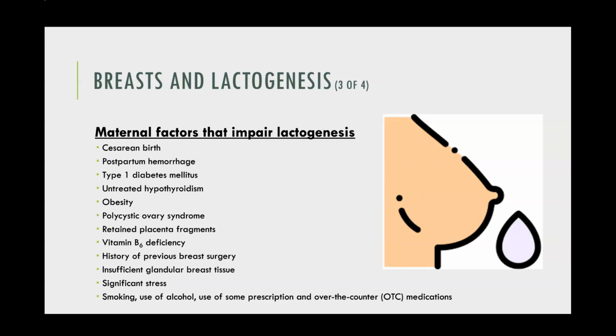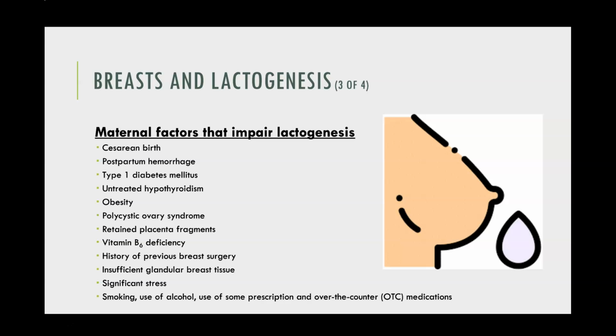So it doesn't have to do with the size of the breast, but the glands and the ducts themselves. Moms who are under a significant amount of stress will also have problems with making milk and keeping their supply up. And also moms who are smokers or use alcohol or specific types of prescription drugs.